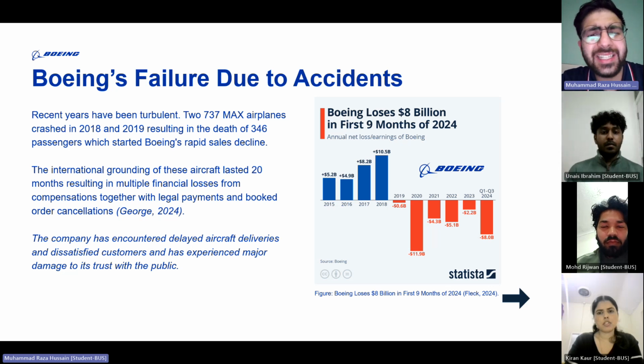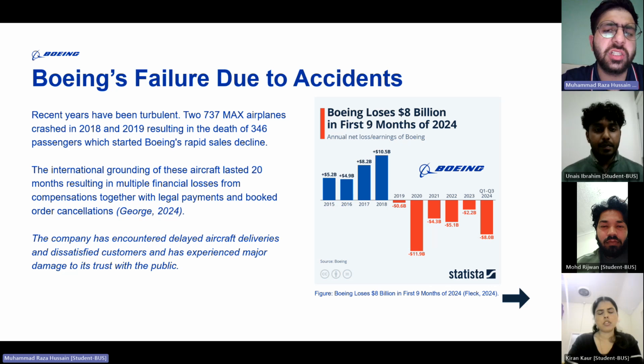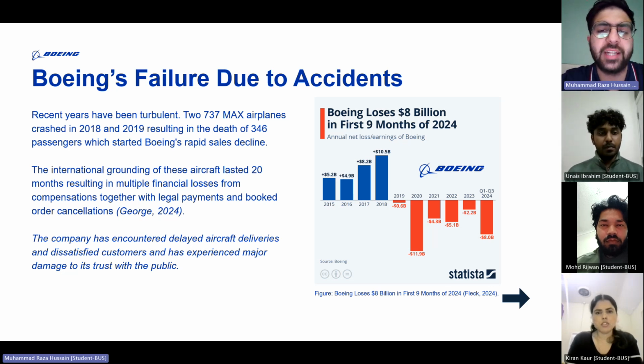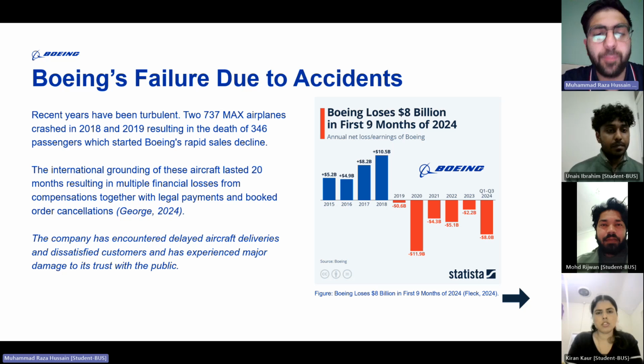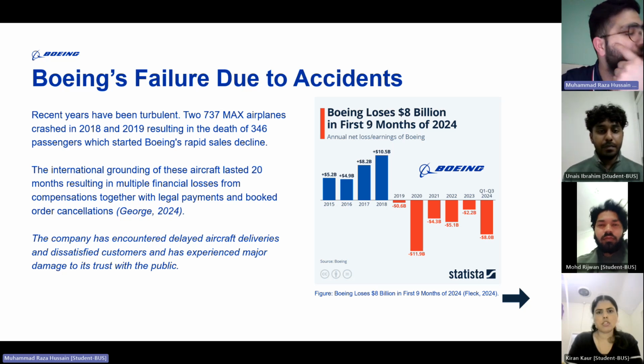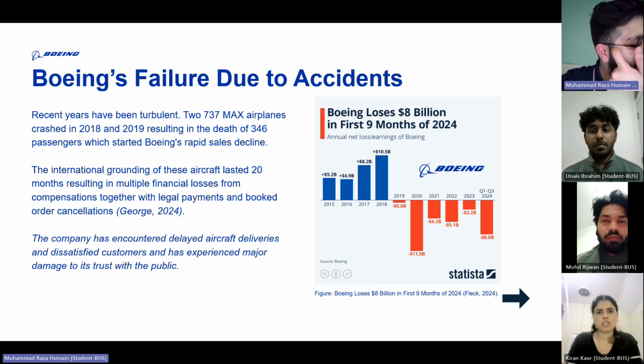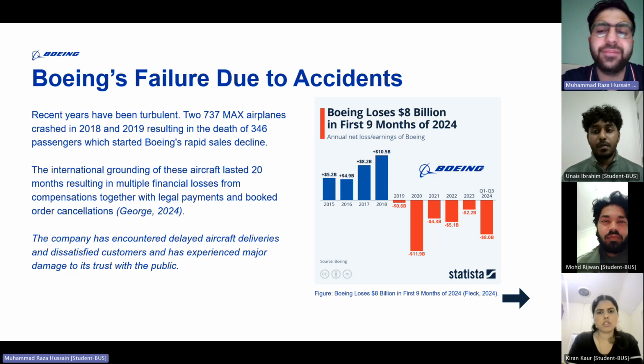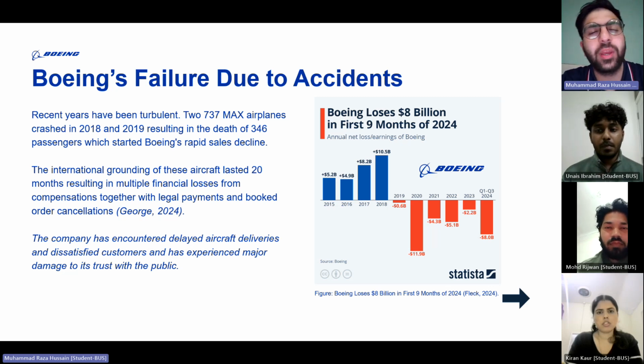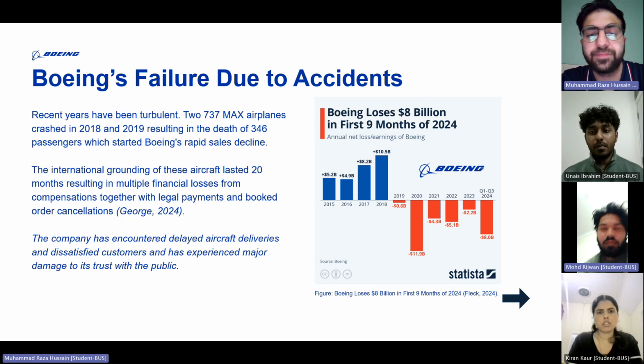But in settlement and order cancellation, production problems have continued in 2024 and 2025. Faulty bolts and manufacturing issues were reported in the same years, under investigation by the FAA. As a result, Boeing has faced delivery delays.